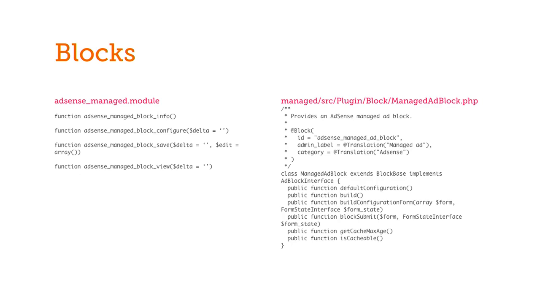Some other changes: the blocks are now plugins. If you have worked with plugins in Drupal 8, they are amazing. One of the things that the plugin system uses is annotations. And why does it use annotations? Mostly because if it was code inside a class, the class would have to be loaded to obtain the data that's inside the class.